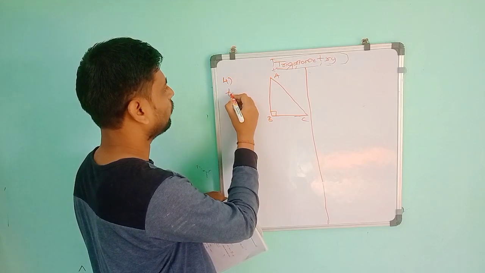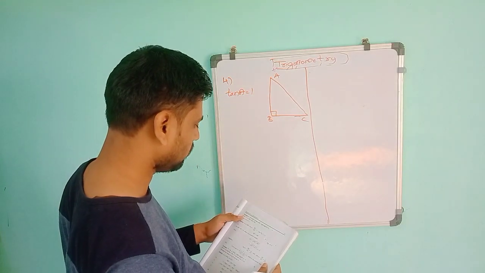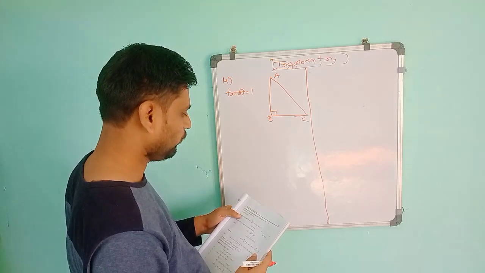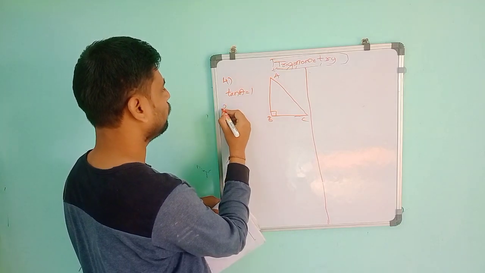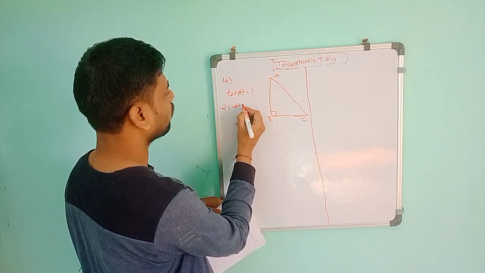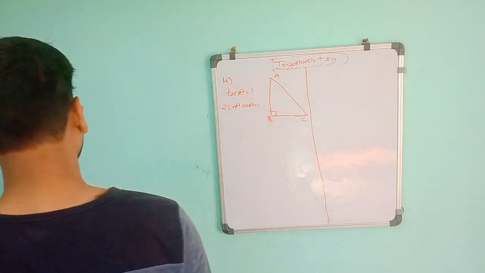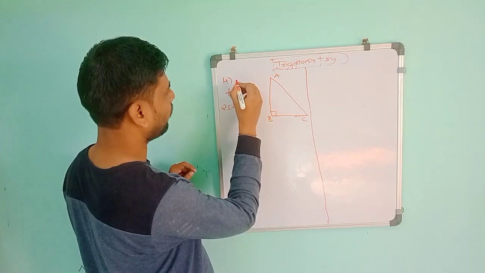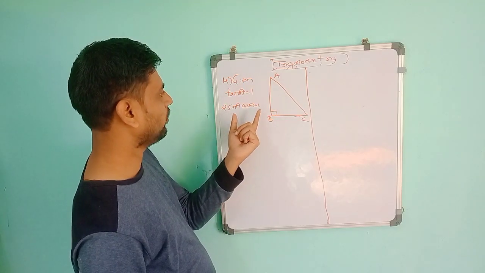They have given tan A is equal to 1, and we have to prove that 2 sin A cos A is equal to 1. So we have to find the value of 2 sin A cos A.